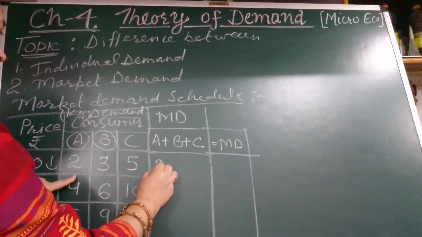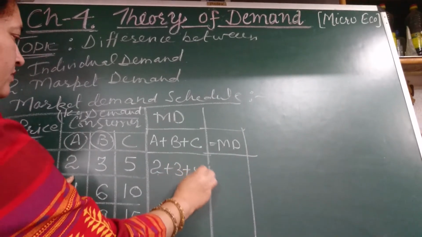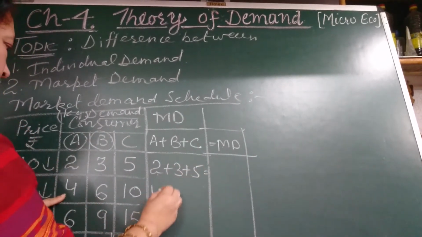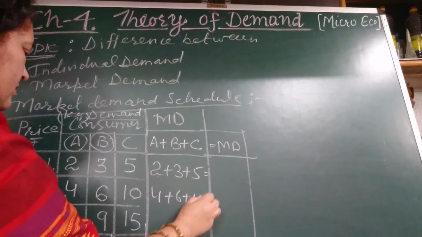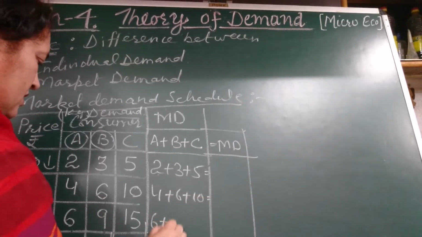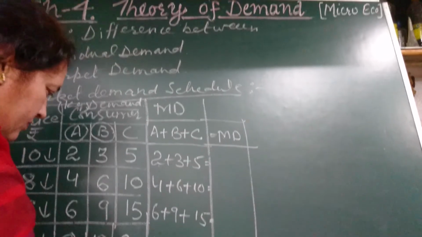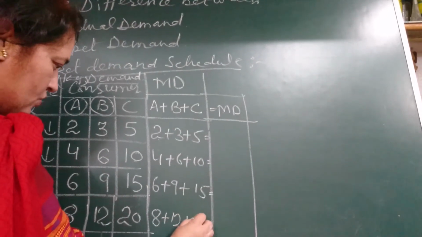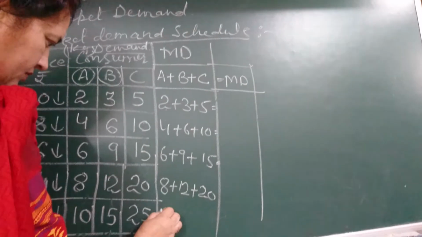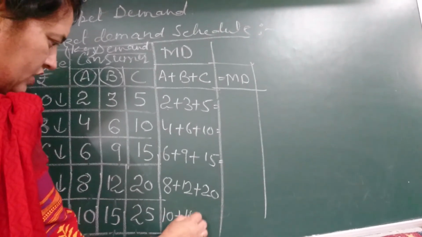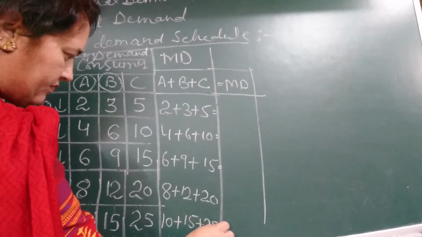Horizontal summation means 2 plus 3 plus 5, this is market demand. 4 plus 6 plus 10, 6 plus 9 plus 15, 8 plus 12 plus 20, 10 plus 15 plus 25.